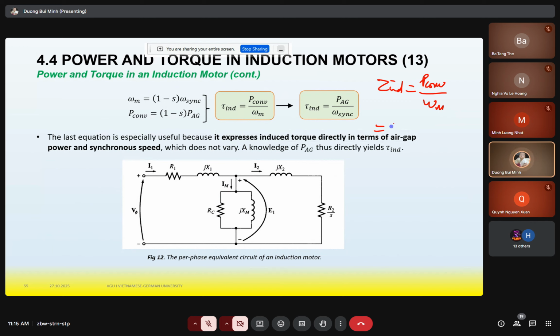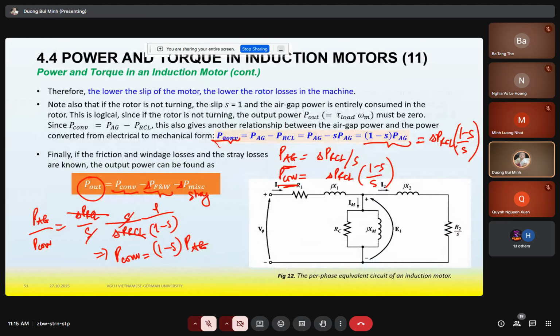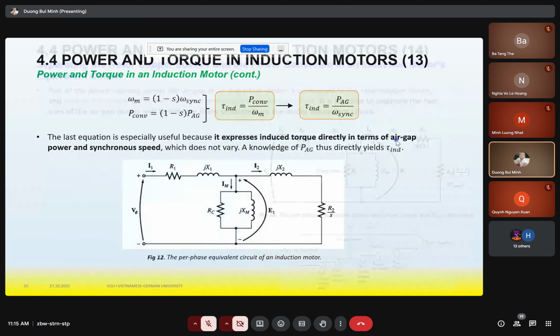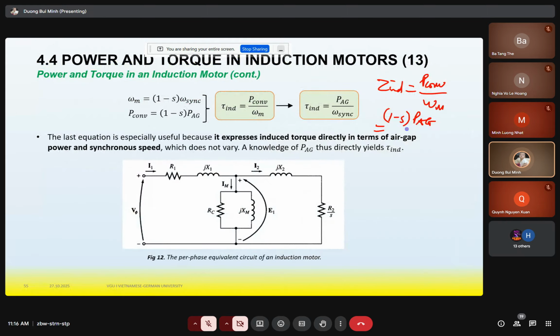So we know P_convert is (1 minus S) times air gap power, divided by omega_m. And we know omega_m is (1 minus S) times omega_sync, or we have omega_sync equals omega_m over (1 minus S).